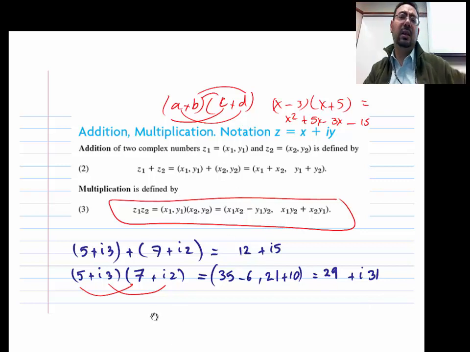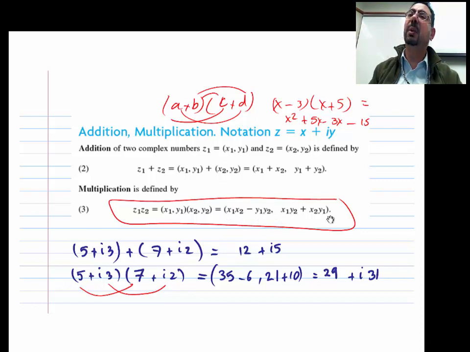Anytime I want to multiply two numbers, I just use this, it's a piece of cake. But there is a formula that you can use, though I think it's actually more confusing than helpful. It says the real part of the multiplication is x1 x2 minus y1 y2, and the imaginary part comes from y1 x2 and x1 y2.